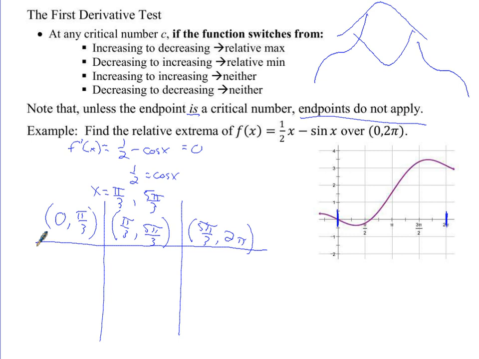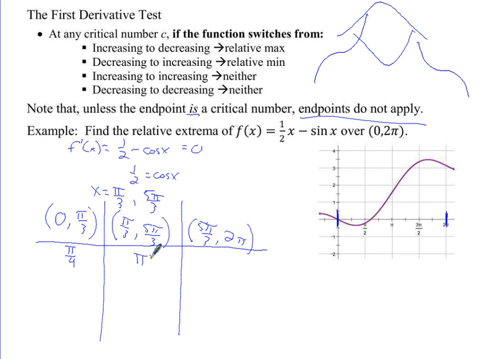Pick some test numbers. So something between 0 and pi over 3. Pi over 4. Stick with fractions. Stick with pi numbers. It's going to make it a lot easier to work with. And somewhere between pi over 3 and 5 pi over 3? Pi?